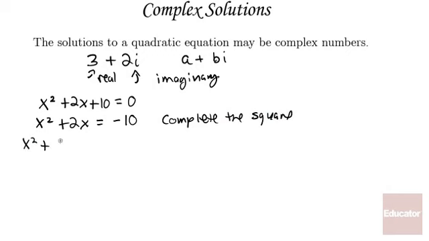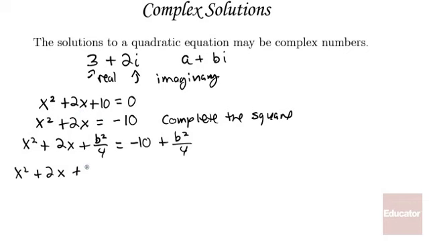So I want to add b squared over 4 to both sides of this equation. Well, b is 2, so that's going to give me 2 squared over 4 equals negative 10 plus 2 squared over 4.